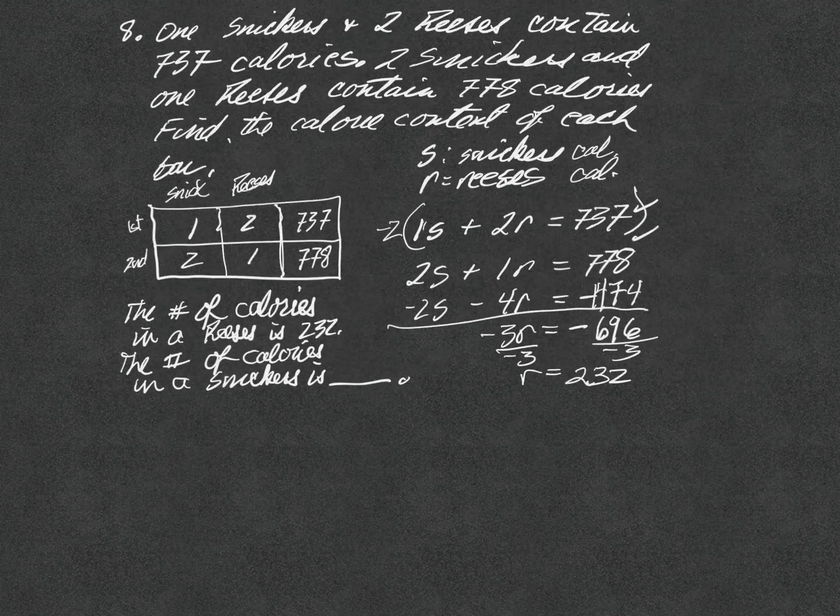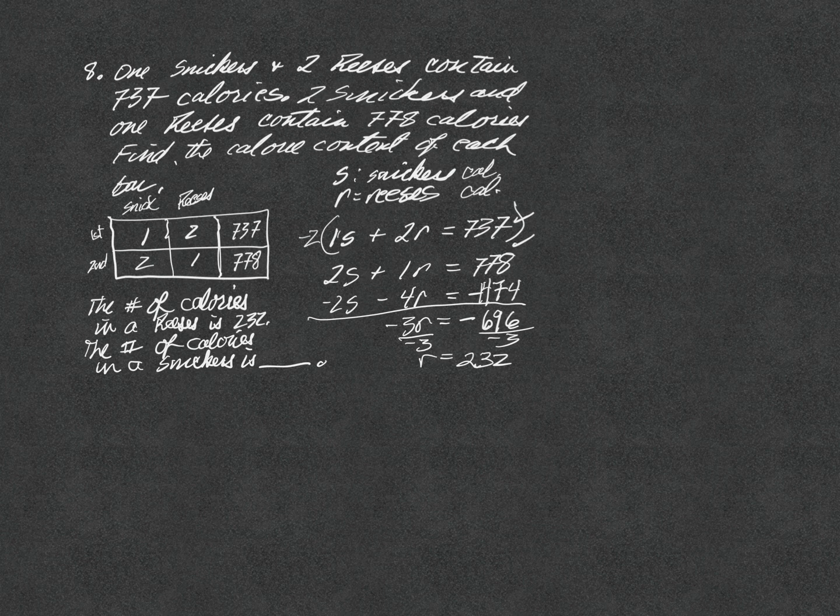So I need to substitute the 232 in one of my equations. So I'll do 2s plus 1 times 232, or 232 equals 778. So I'll subtract 232 from both sides.